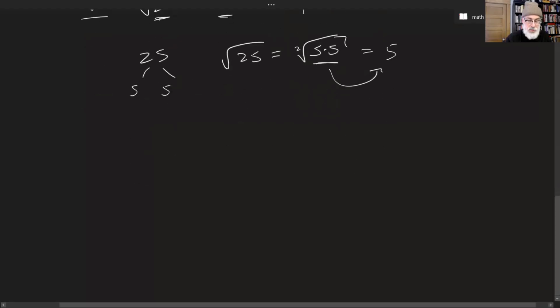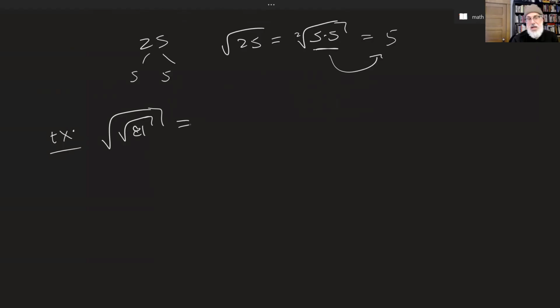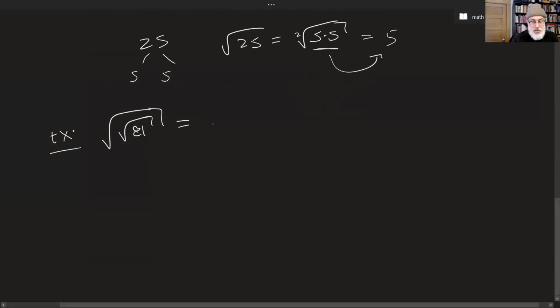So let's look at some more examples. What's the square root of 81? 9 times 9 is 81. So I know I can write the square root of 81 as 9. And 9 is 3 times 3, so this evaluates to 3.